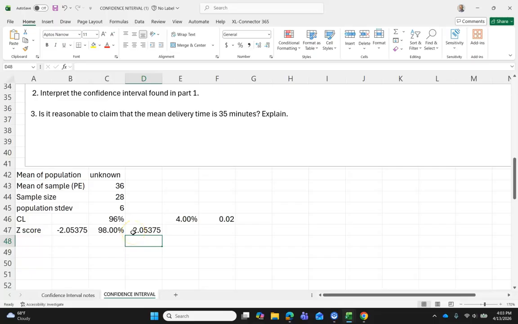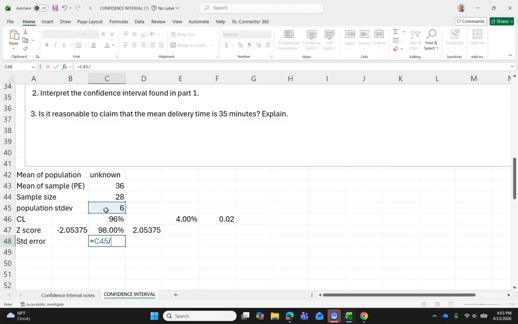So once we have our z-score, the next thing that we need to find is the standard error. And remember, the standard error formula is the population standard deviation divided by the square root of n, the sample size. So I'm going to put an equal sign and click on the population standard deviation divided by the square root of the sample size. Close the bracket and enter. So we have our standard error.